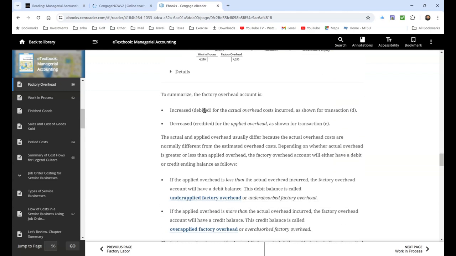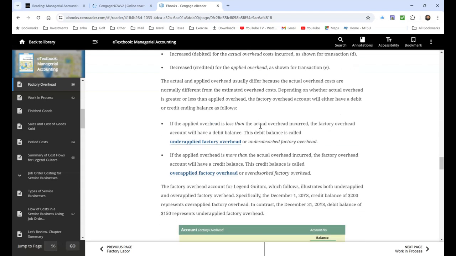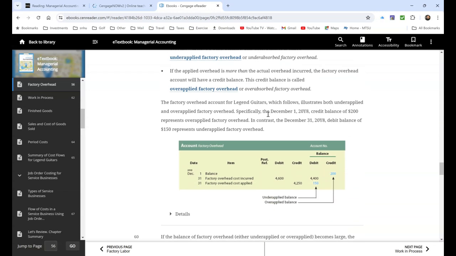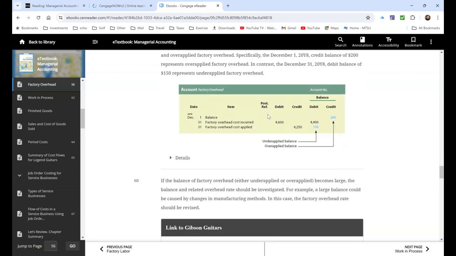So the factory overhead account is increased, debited, for the actual overhead cost incurred, and decreased for the applied overhead. So at the end of the year, you're going to have either underapplied or overapplied. If it's underapplied, then you're going to have to get rid of those costs somewhere, and that goes to cost of goods sold.